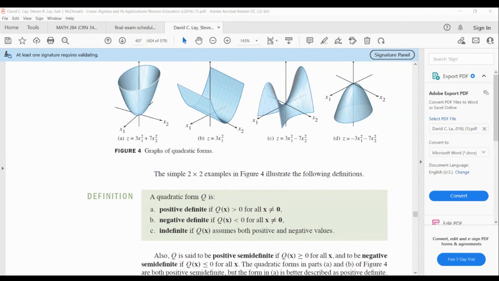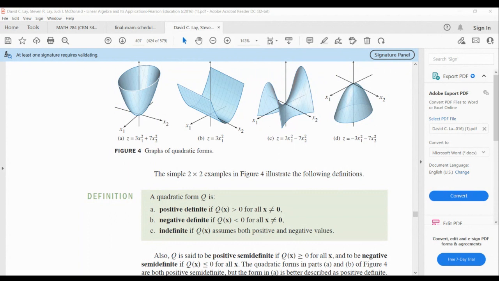Z is equal to the quadratic form, and the z coordinates are negative. That's why in D, that paraboloid is entirely below the x1, x2 plane. Finally, a quadratic form is indefinite if it assumes both positive and negative values. That would go with C. Part of the surface is above the x1, x2 plane, part of the surface is below the x1, x2 plane.